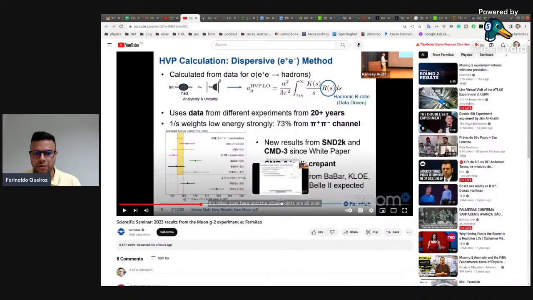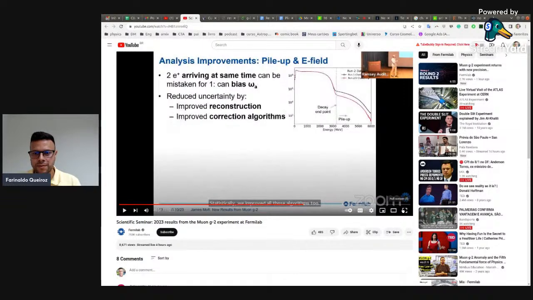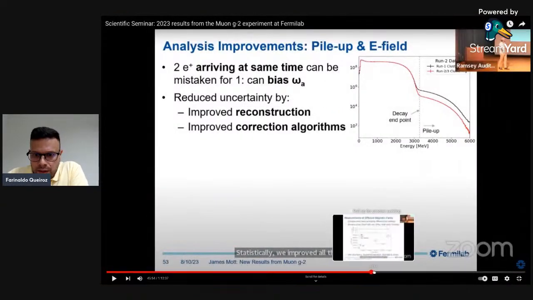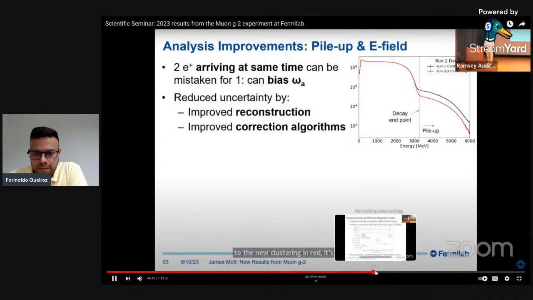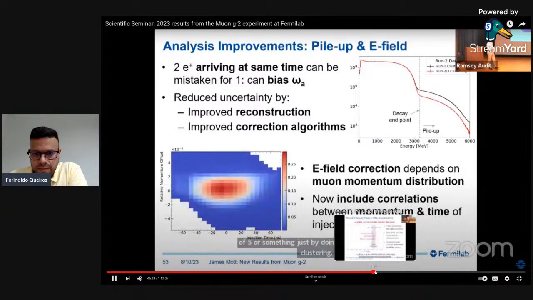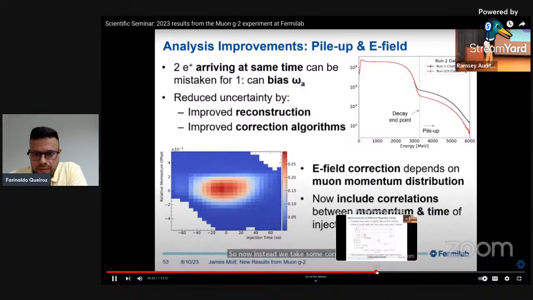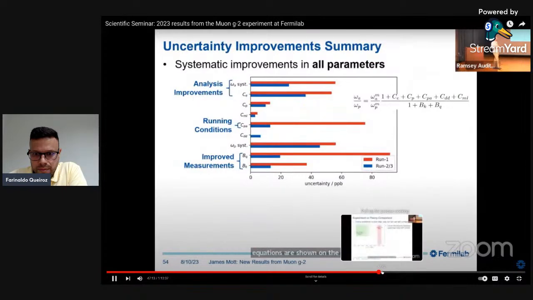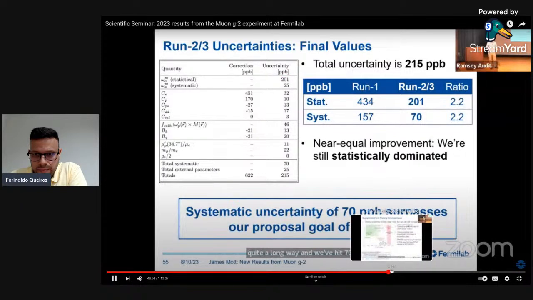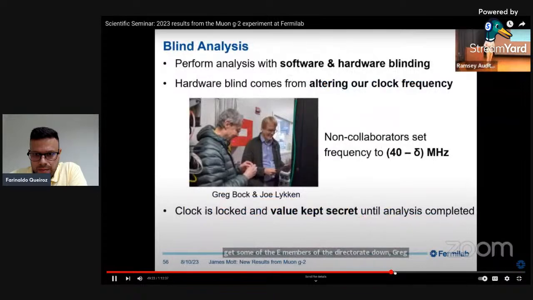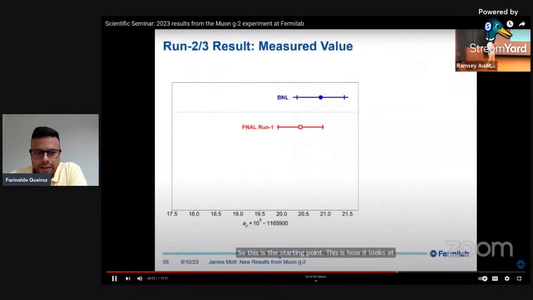Let me go back there. Here it is. So that's the BNL measurement, the one I showed you before, from 2006.